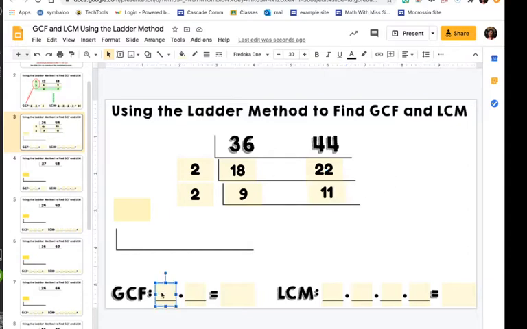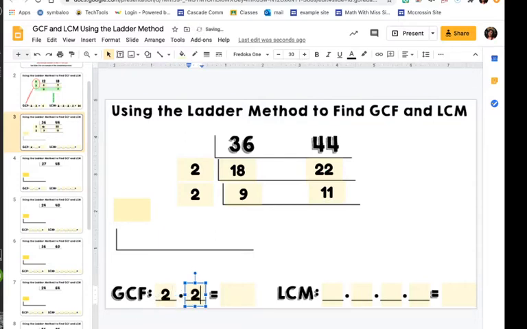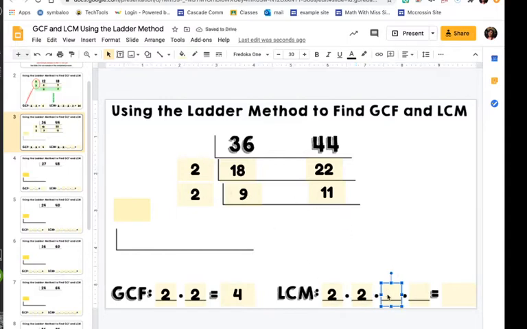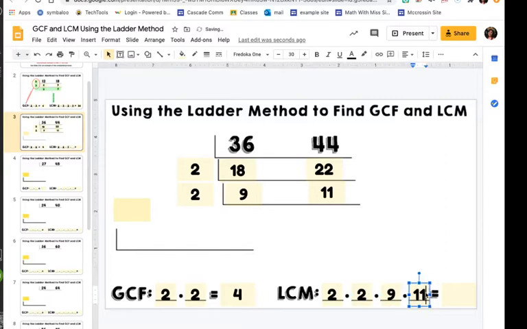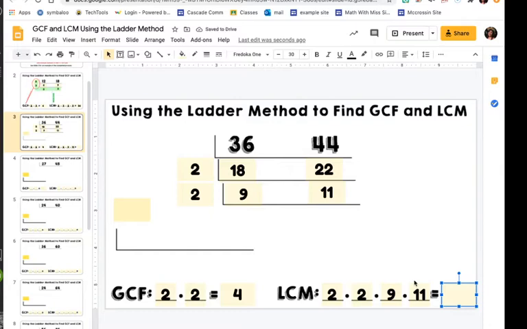Don't forget that our GCF is our vertical numbers. So 2 times 2 is our GCF. So our GCF is 4. And our LCM would be our vertical 2 and 2, and then 9 and 11. If I do some math real quick, 2 times 2 is 4. 4 times 9 is 36.